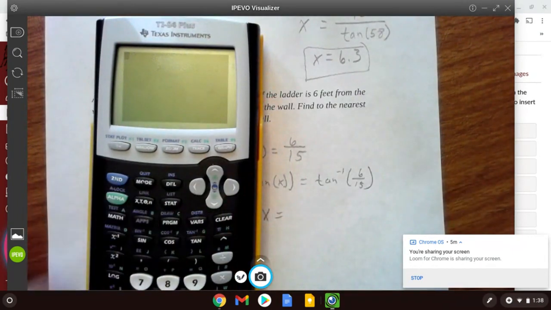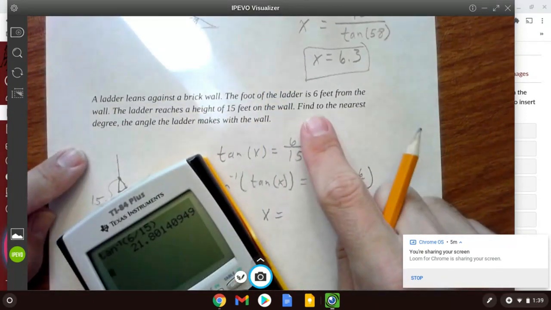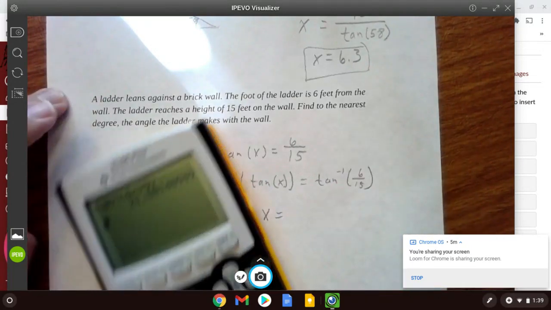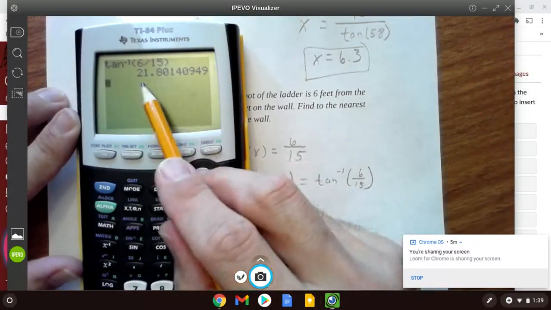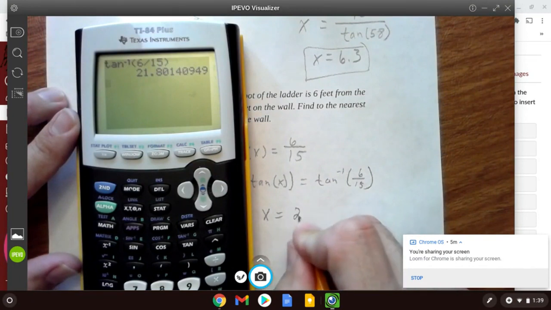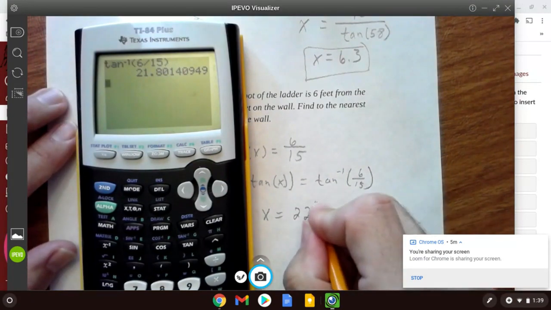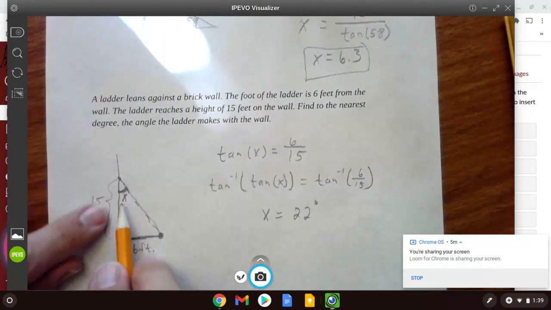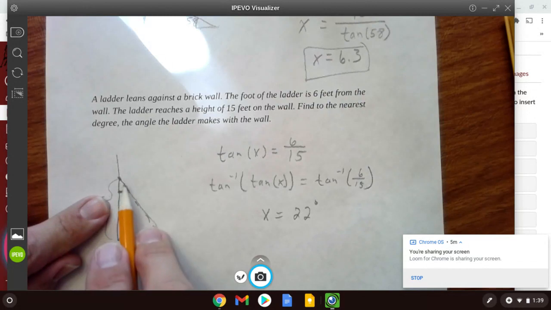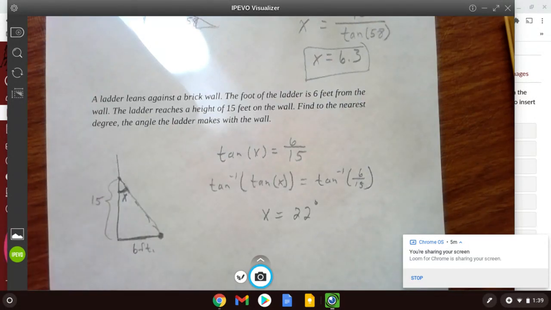Make sure you're in degree mode, but inverse tangent of 6 divided by 15 is 21.8. This time it said find to the nearest degree. So if we round that up, it's going to be 22 degrees. So that's the angle created between the ladder and the wall, 22 degrees.